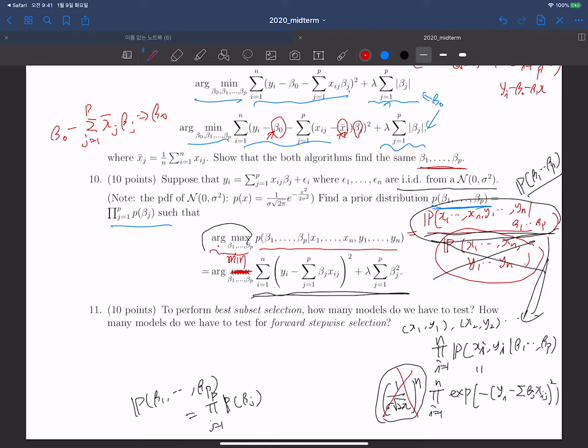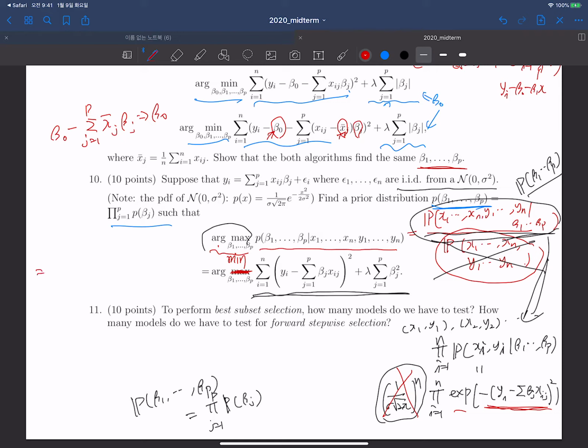And the exponential function is a monotonically increasing function. So the argmax of some exponential function is equal to the argmax of this log value. Right? So then this is equal to this.